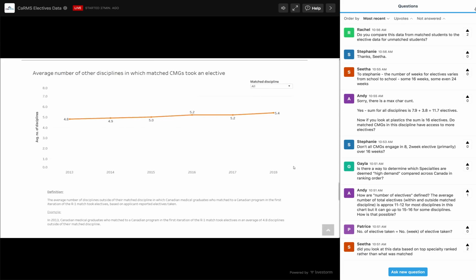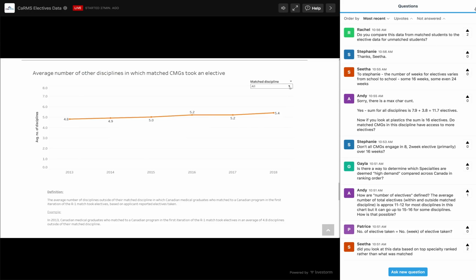This is a single line, so fairly easy to navigate. It went from 4.8 to 5.4, a pretty steady increasing trend, with the same number in 2016 and 2017, and then up slightly again in 2018. So this has been about a 2% increase per year if you do the easy math.